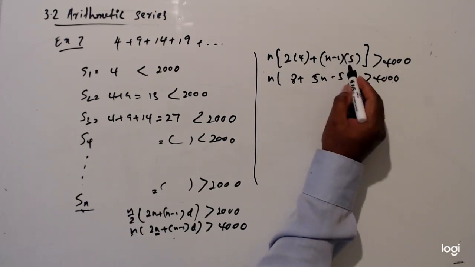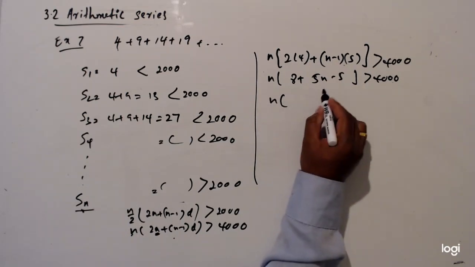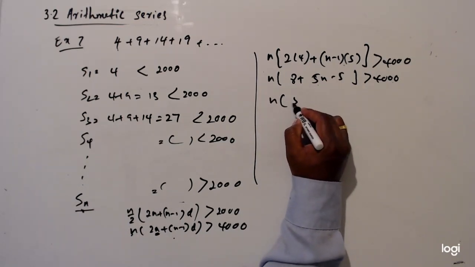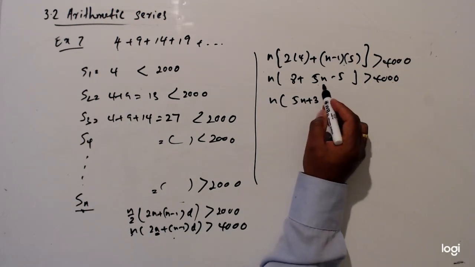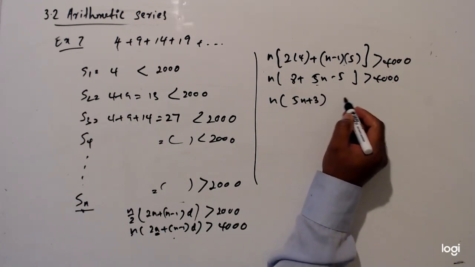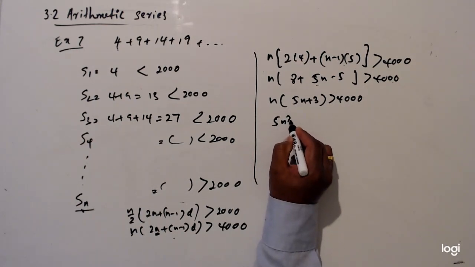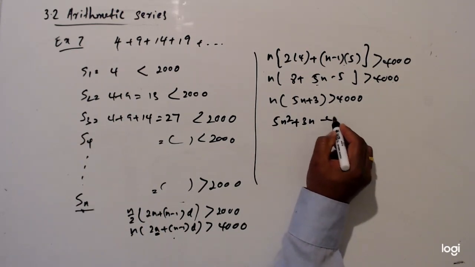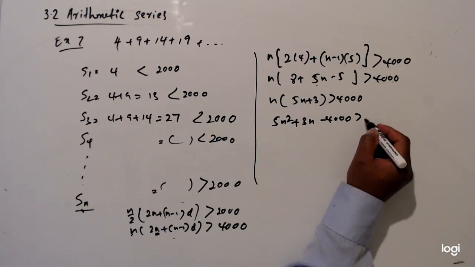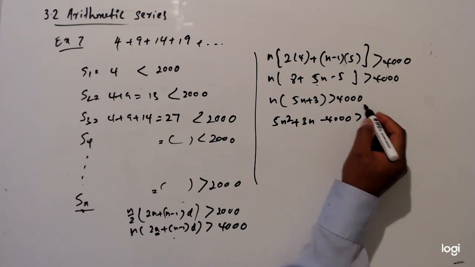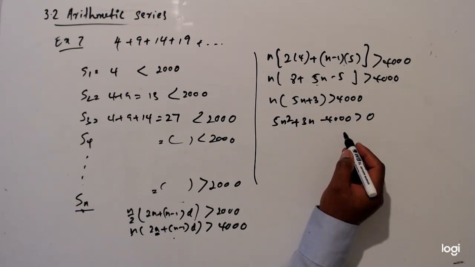I expand this: 5n squared plus 3n is greater than 4000. It means 5n squared plus 3n minus 4000 should be greater than 0, as I bring the 4000 here.